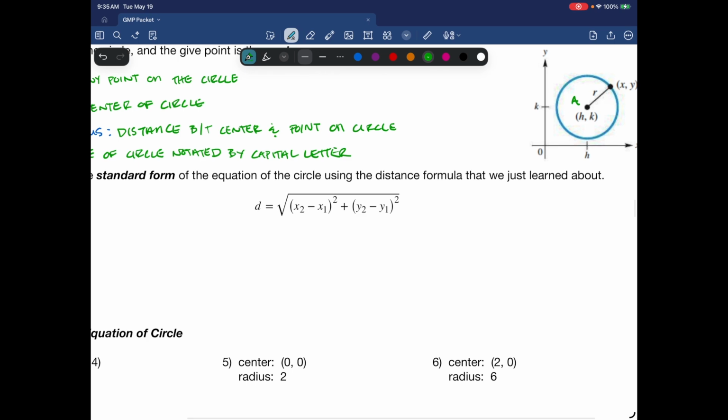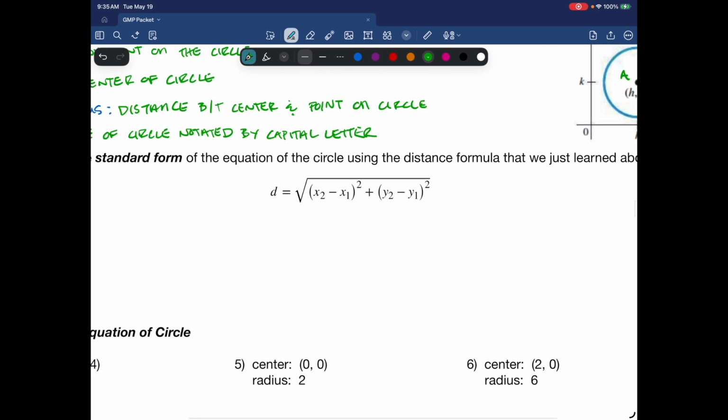So here we go. If we know that the distance between those 2 points is the radius, I'll let that be r. We get r equals the square root of x minus h squared plus y minus k squared. To get rid of the square root, we square both sides, so it's going to be r squared equals x minus h squared plus y minus k all squared.